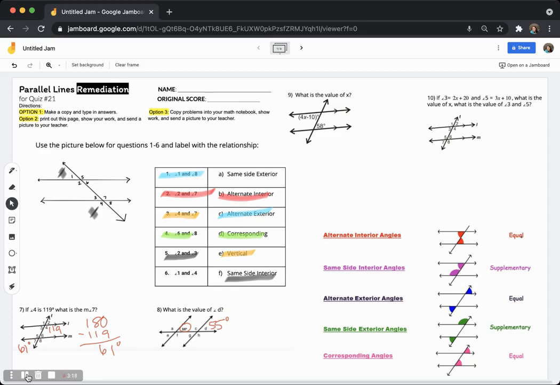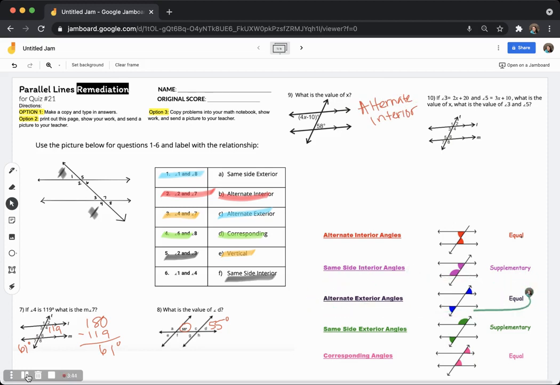Number 9, we're comparing 4x minus 10 and 58. So I look at those, and I see that both of those angles are inside the parallel lines, but they are on opposite sides. So that means that they are alternate interior angles. Now, if I look at my diagram here, alternate interior angles are equal.